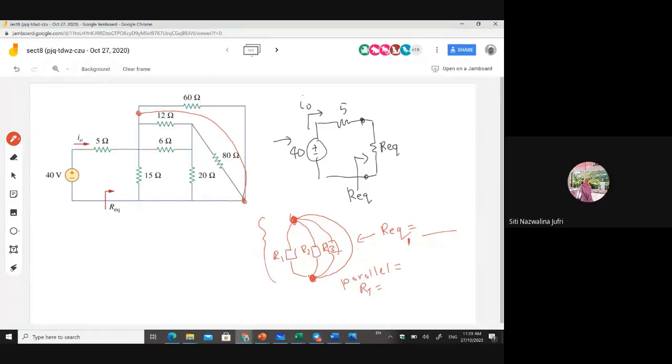R1 inverse plus R2 inverse plus R3 inverse. Okay. Is that all? There's another inverse outside. Another inverse, okay. But is that all?